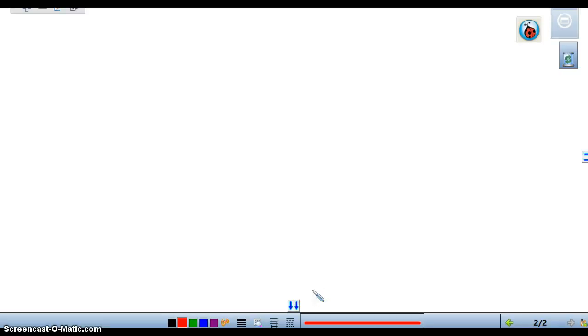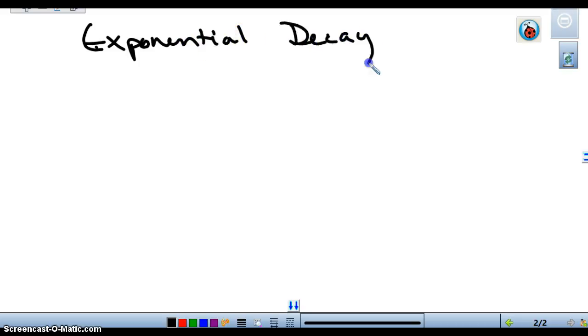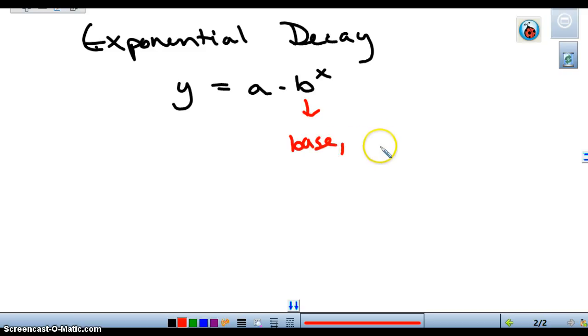So let's say we have an exponential decay. That means y equals a times b to the x power, where a is still the starting amount when x equals 0. b is still the base, but now it's between 0 and 1 because it is the decay factor.